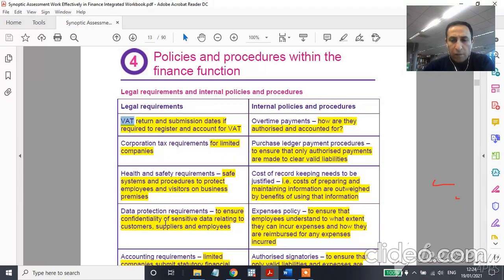So you must have protective software to protect sensitive information relating to customers, suppliers, and employees. So by law, data protection is required.